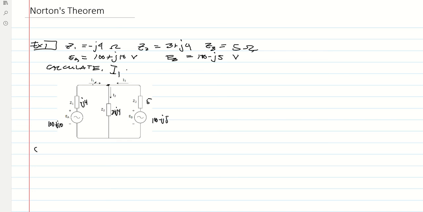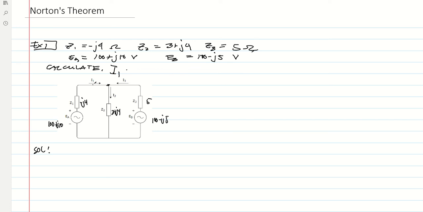So that it will differ, the ZTH or the looking back resistance will differ from the first one, the Thevenin theorem. So how do we solve the current passing through Z1 using Norton's theorem? The first procedure is similar to Thevenin's theorem.